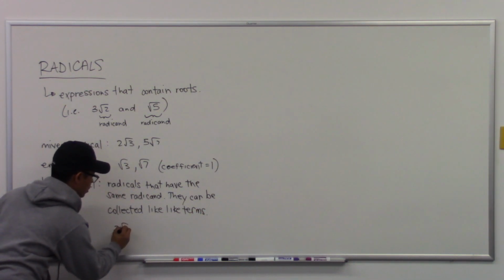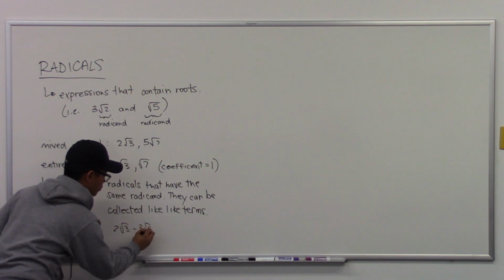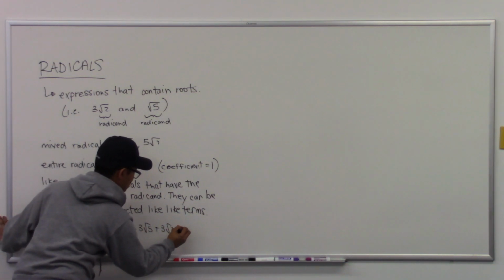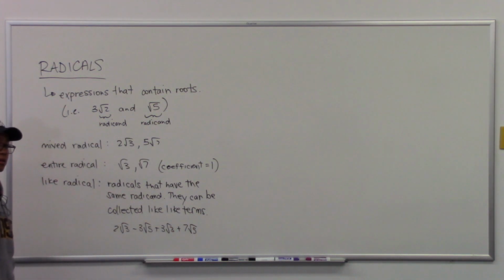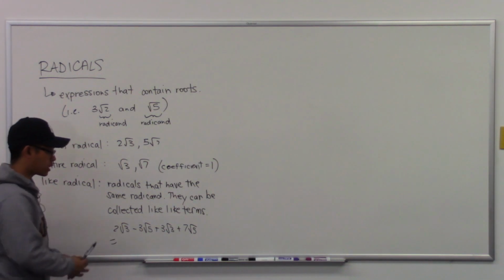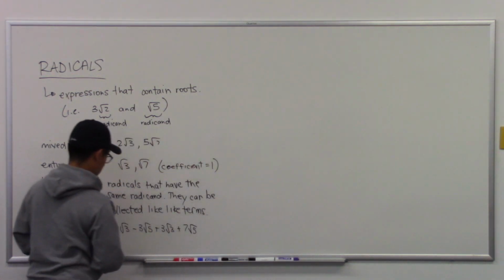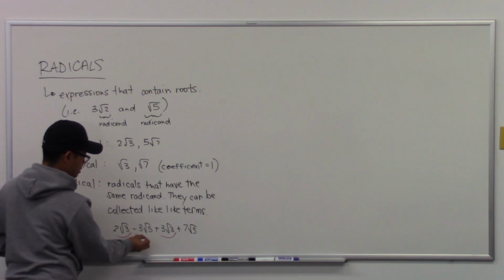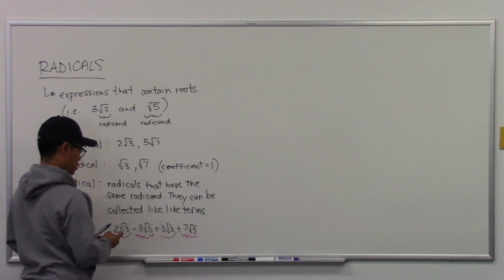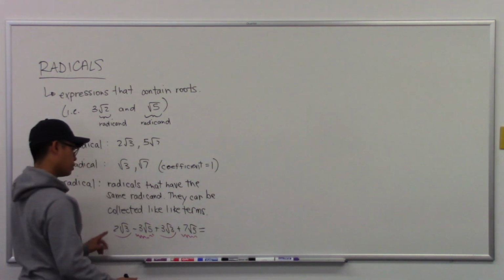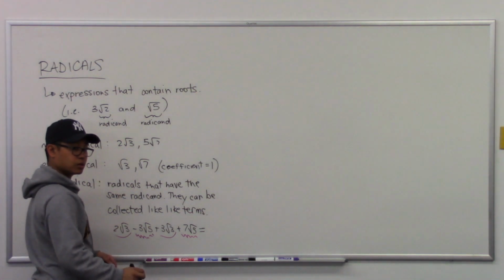So if you have 2 root 3 minus 3 root 5, 3 root 3 minus or plus 7 root 5, the answer to this is you can collect this guy and this guy, and then you can collect this guy and this guy to give you 2 root 3 plus 3 root 3.